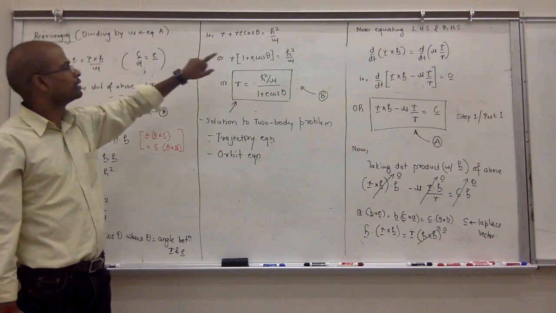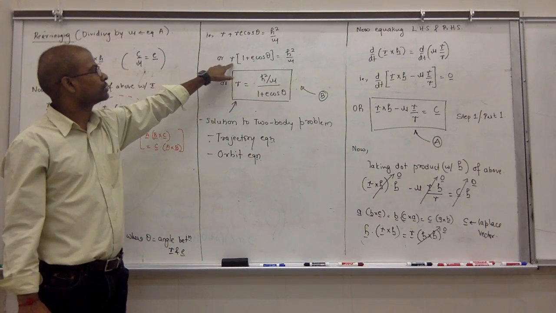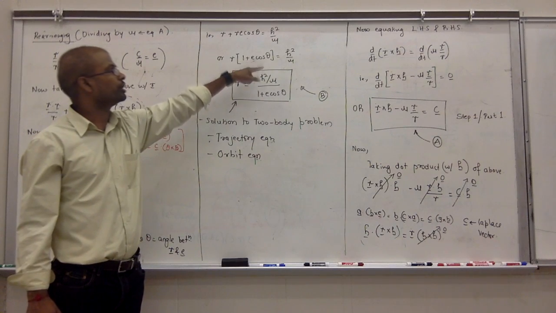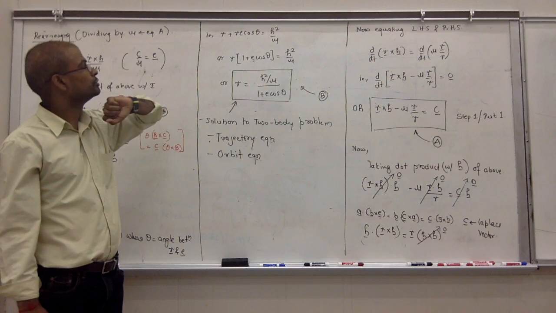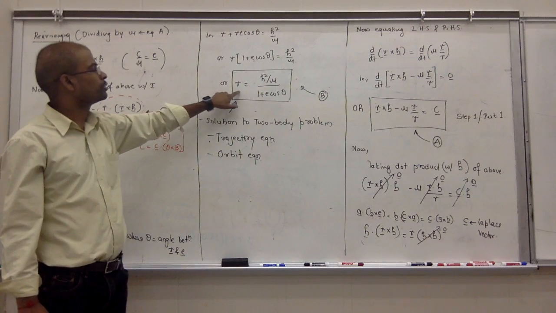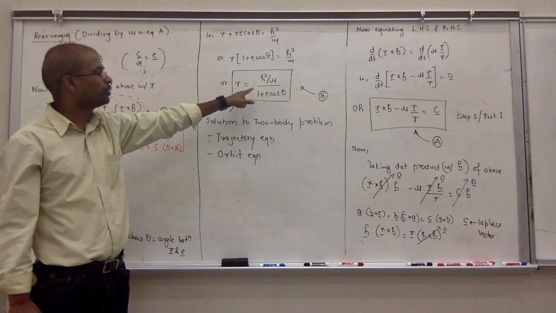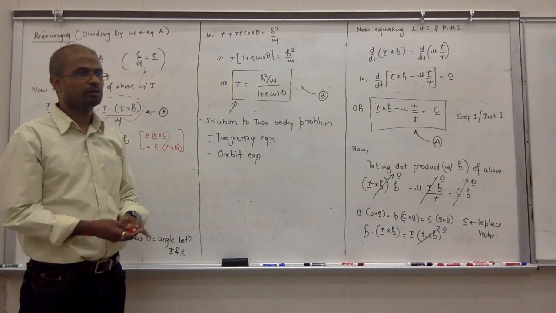Then we take out R: R times 1 plus E cosine theta equals H square over mu, so R equals H square over mu divided by 1 plus E cosine theta.